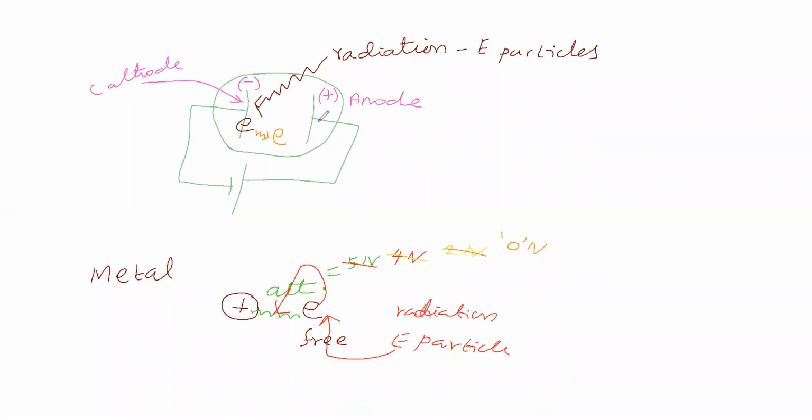So this positive plate, will it attract electrons or will it repel electrons? You think about it. This positive plate has a poor number of electrons. It is in need of electrons.